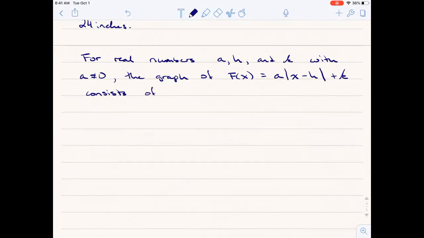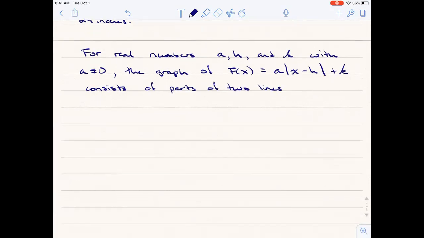It consists of parts of two lines with slopes of plus or minus a, which meet at a vertex at the point h, k.